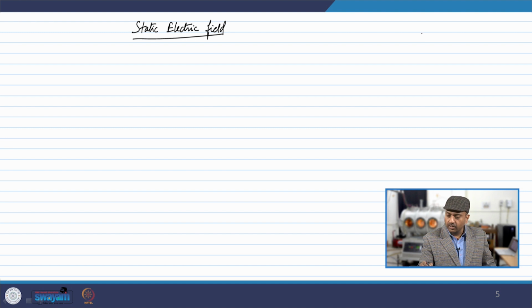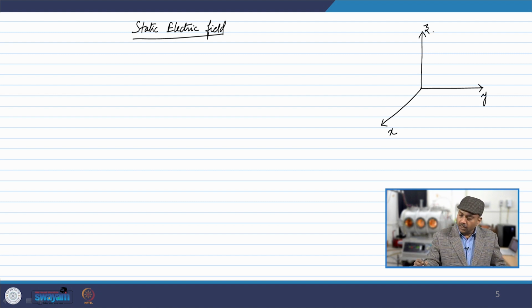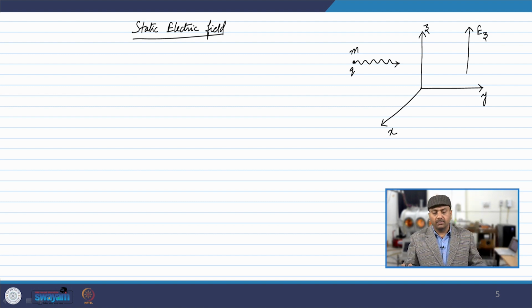So, let us say we consider our coordinate system like this. Let us consider an electric field in the positive z direction like this, and let us imagine a particle with a charge q and a mass m having a velocity and moving in this direction.